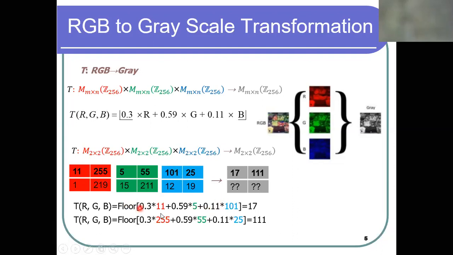The result will be in decimals, so you take its floor, and then you will get 174 as the first RGB value.